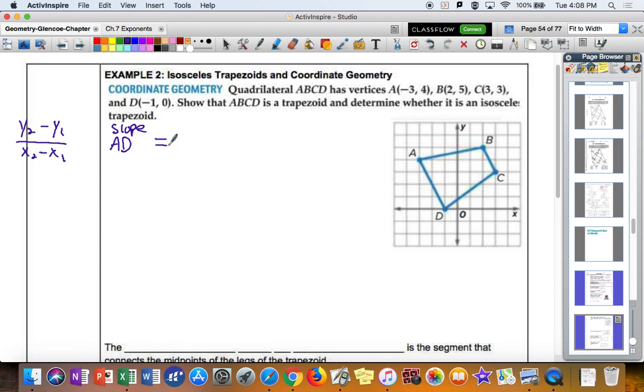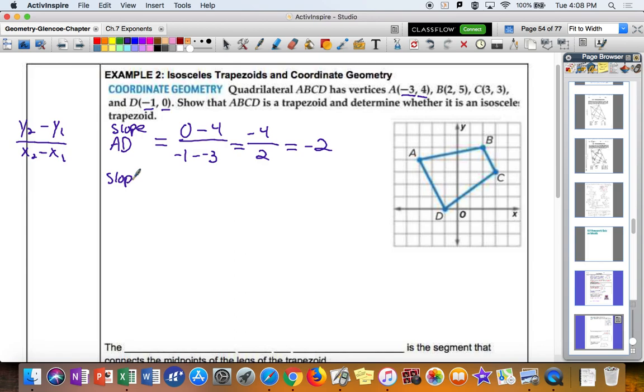Since I wrote it y2 minus y1, if we're going to do AD, I will do the second y value minus the first y value, even though that gives me a negative here. 0 minus 4, and then the second x value minus the first x value, negative 1 minus negative 3. So that gives me negative 4 over, well, negative 1 minus negative 3 is really the same as negative 1 plus 3, which is 2. And that reduces to negative 2 over 1, or negative 2.